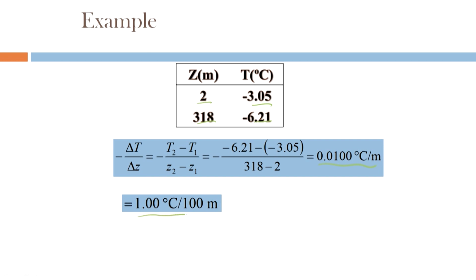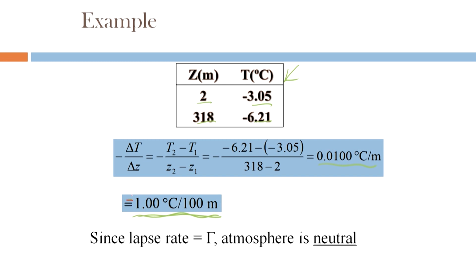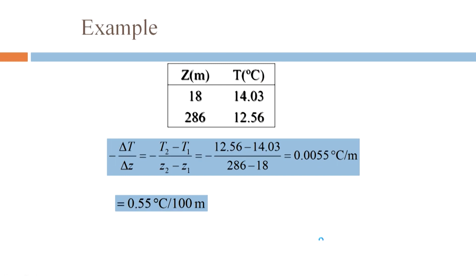So, that is 1 degree centigrade per 100 meters, and this is with respect to the ambient conditions, and we know that the dry adiabatic lapse rate is also this, right. So, the term we are using is neutral, let us say, right.